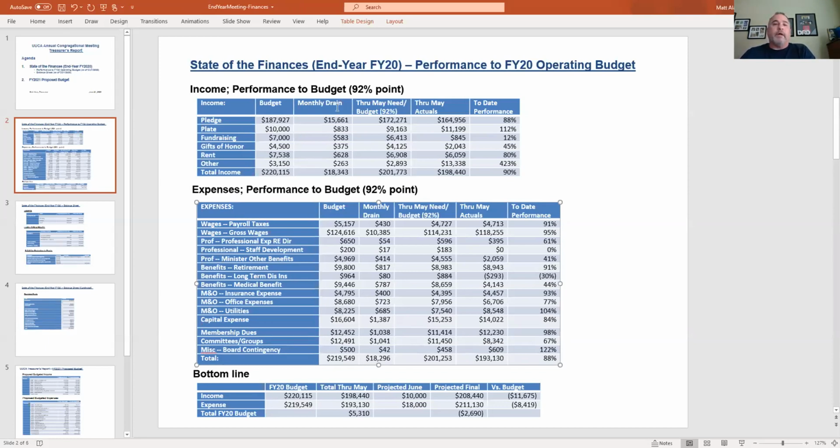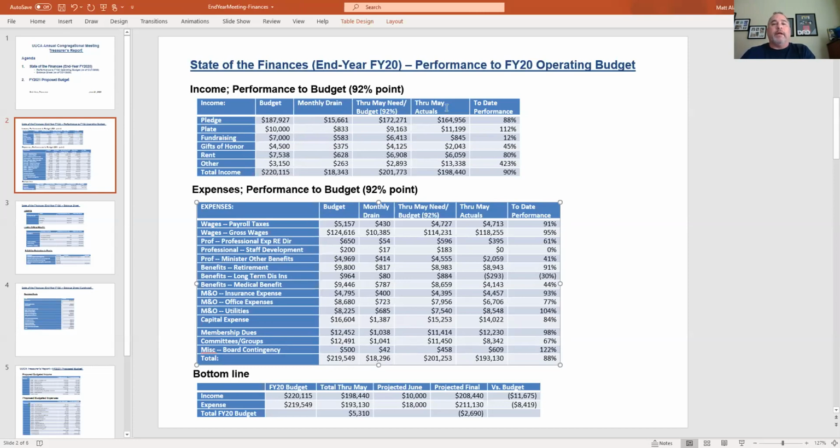And this part shows the monthly draw, one month's worth of the total.